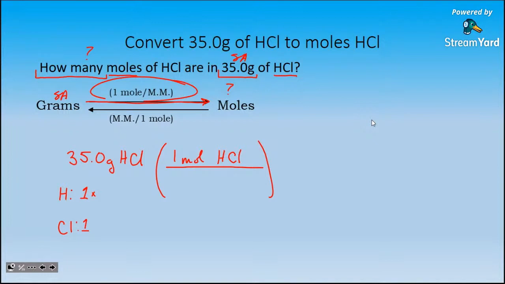And from the periodic table, hydrogen has a mass of 1.01. Chlorine has a gram atomic mass of 35.45. So 1 times 1.01 is 1.01. 35.45 times 1 is 35.45. And then I would add those two values up. So 1.01 plus the 35.45.